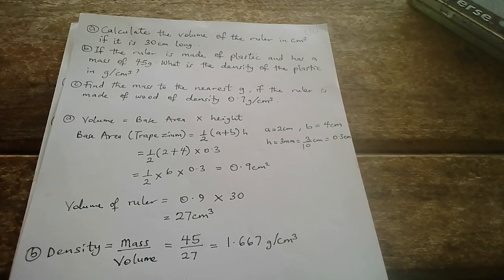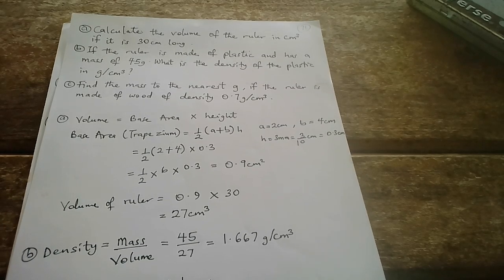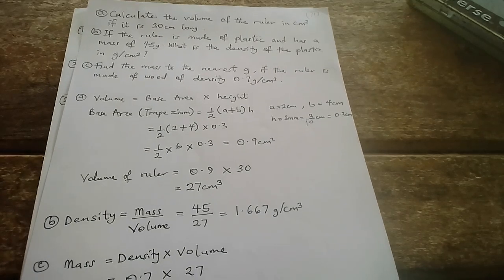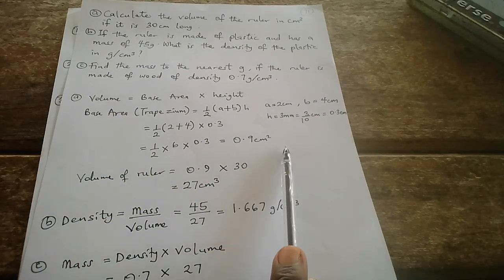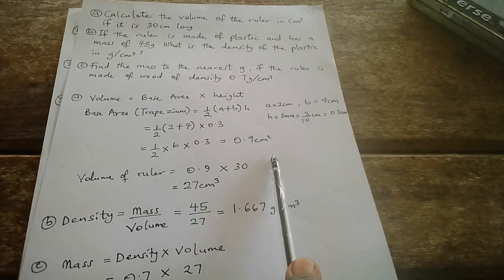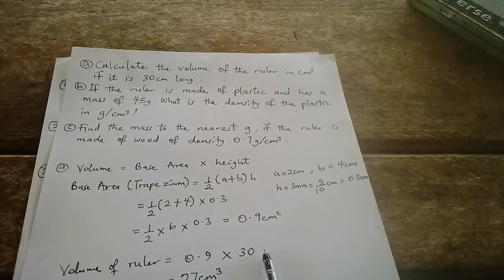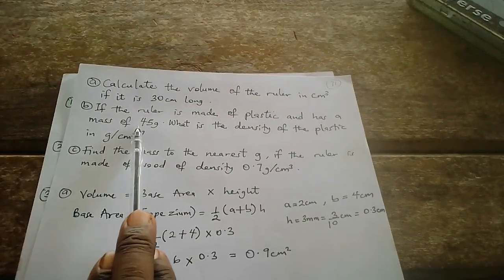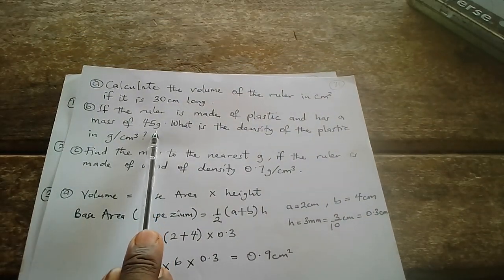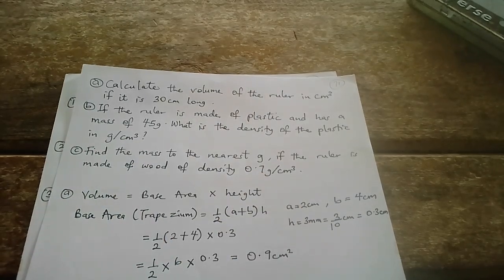Now, the formula for density is mass over volume. And from the question, you are given that the mass of the ruler is 45 grams. So you want to know the density.